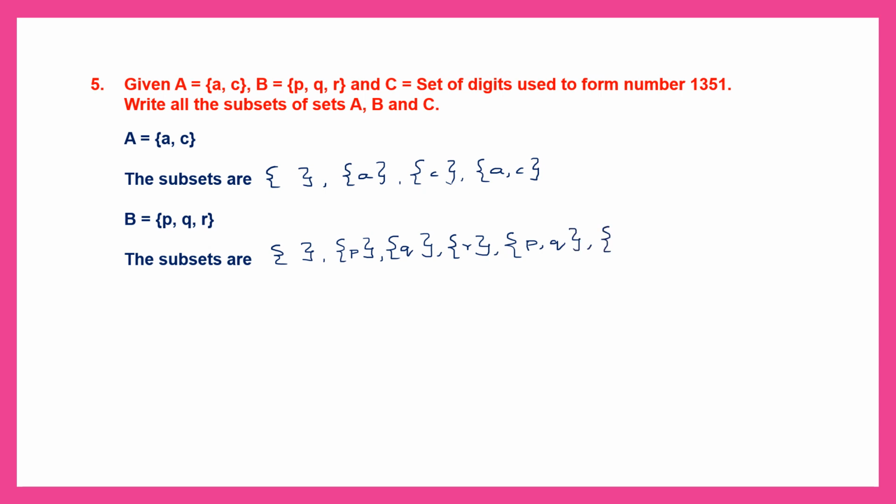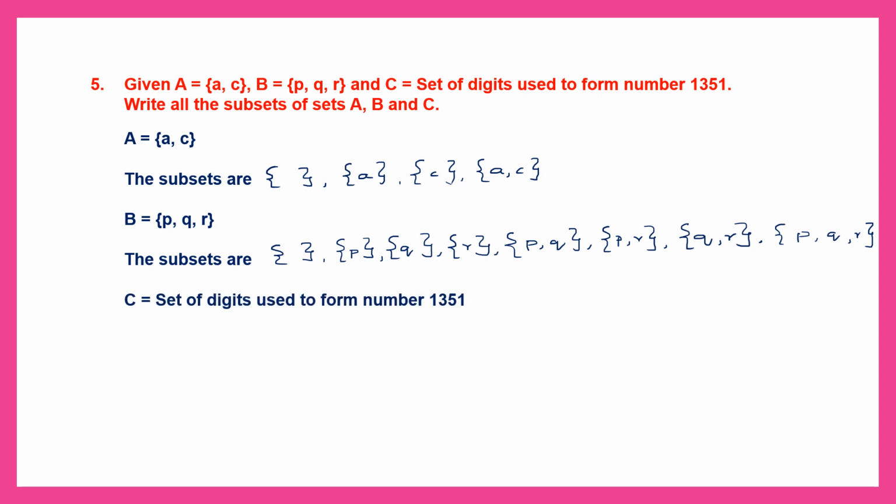Then let's take p and r. Now what else can we take? We can take q and r. And now we can take the whole set, p, q and r. So these are all the subsets of set B.